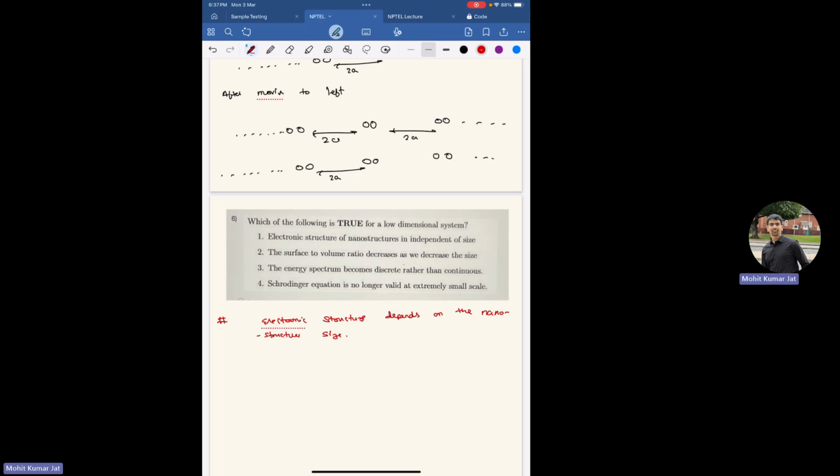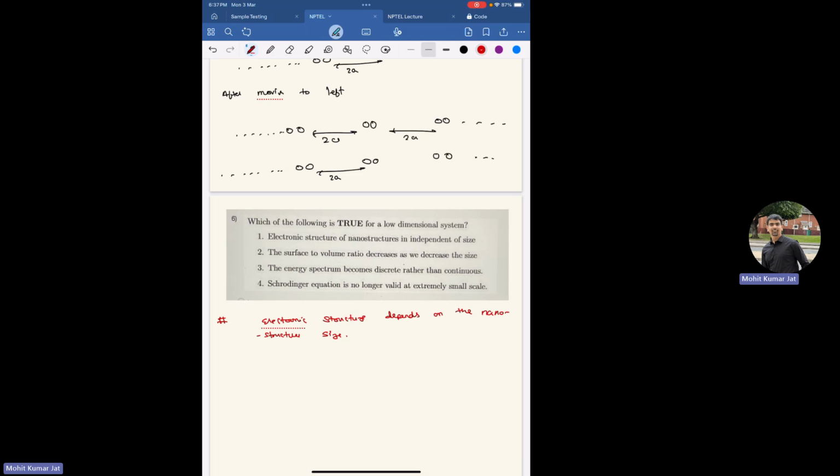And it also depends on the dimension, whether it's 3D, 2D, or 1D, because we have seen that if it's 3D, its density of states will go as E to the power 1/2. If it's 2D, its density of states will be constant.